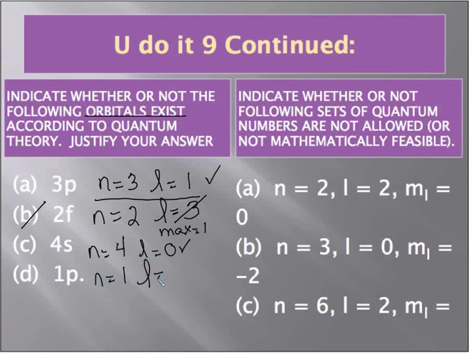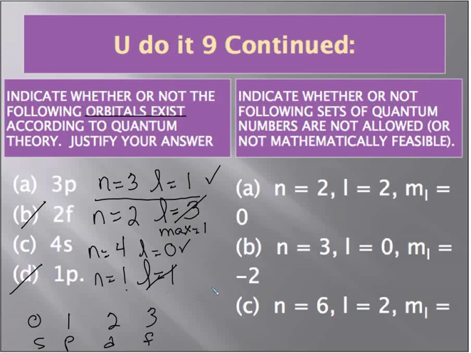1p, n is equal to 1, since we have a p, and write it down if you need to. Write 0, 1, 2, 3. Stupid people die first. So if I have a P, that must mean L is equal to 1, and I can't have that. The biggest L can be, the upper boundary, is n minus 1, which is 0.